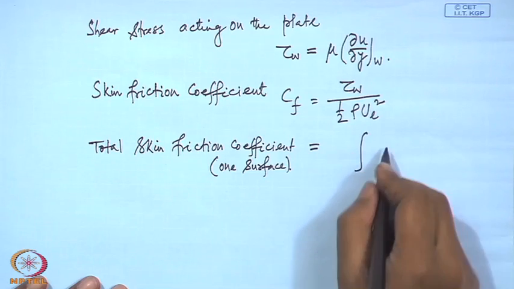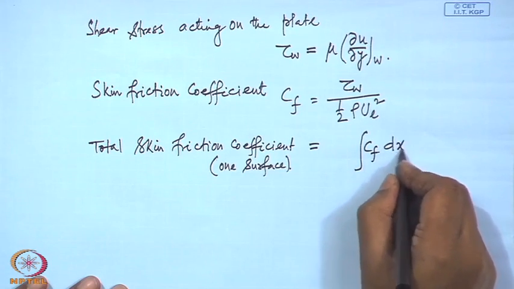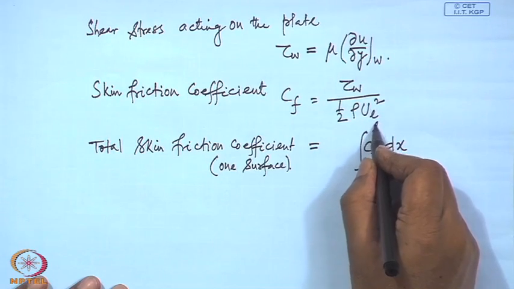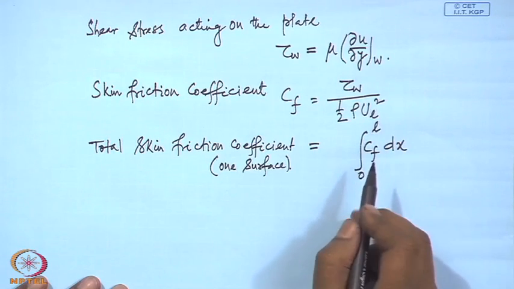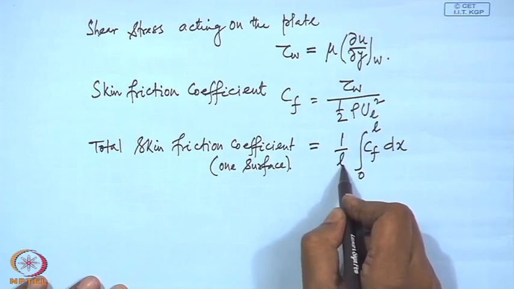Integration of this over the entire length, the length we take, what did we take? L, small l or capital L anyway. So, that is the length of the plate.